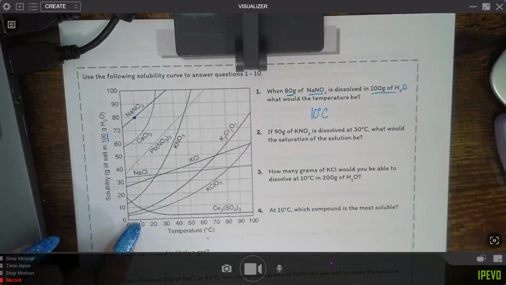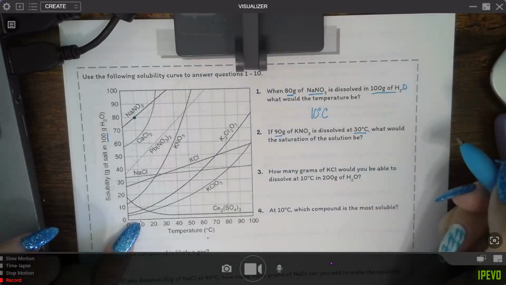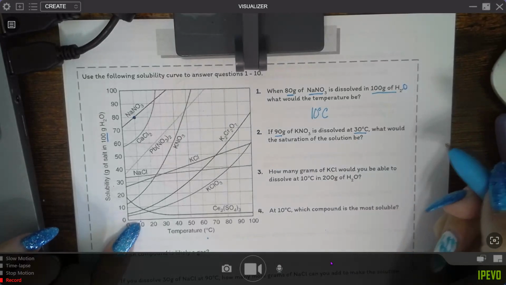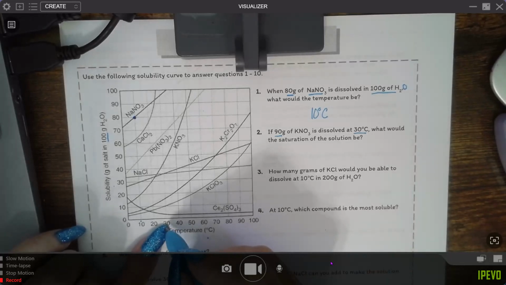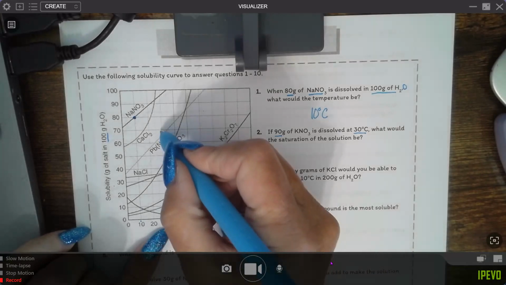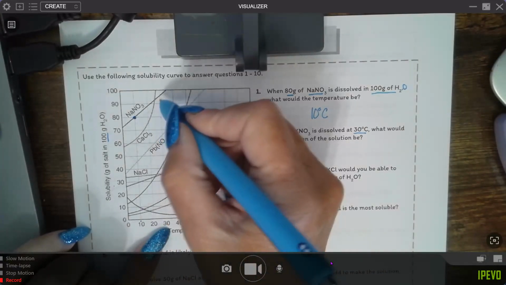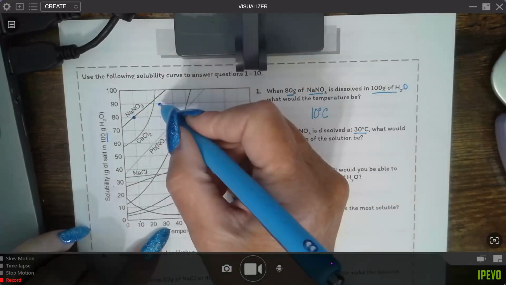Okay. Number two, if 90 grams of KNO3 is dissolved at 30 degrees, what would the saturation be? So I'm going to look at 30 degrees and find my point. Okay, so 30 degrees, I want to go up to 50, 60, 70, 80, 90. So 30 degrees, 90 grams.